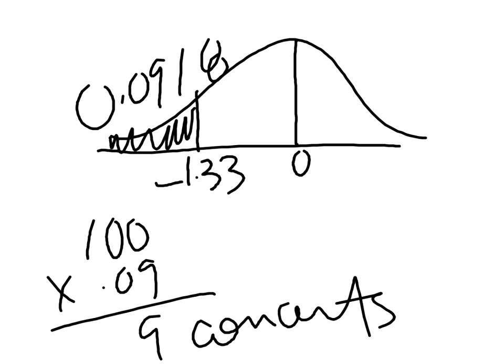If there were 10 concerts, it would be about 1 concert, or the closest that we could get. But with 100 concerts, the area associated with negative 1.33 was around 9%, and 9% of 100 would be about 9 concerts.